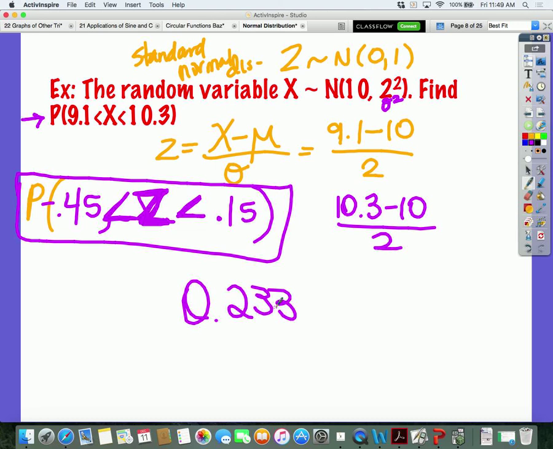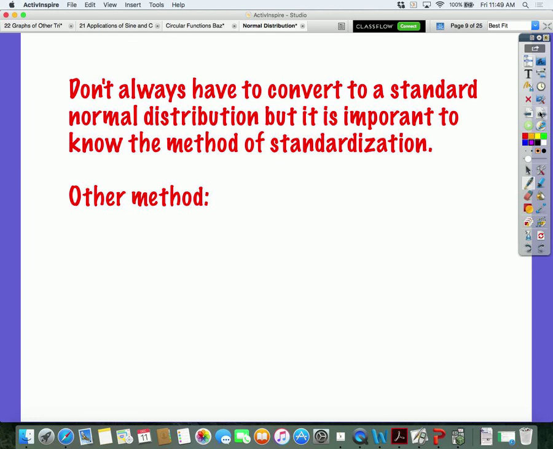But as I was explaining earlier, sometimes they might ask you to do it as a standard normal distribution instead of just a regular distribution. And the other method is basically, take that same problem. I believe it was 9.1 less than x less than 10.3, right?